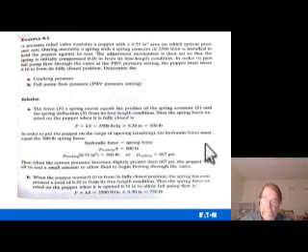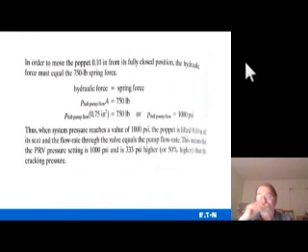Then there's the method of figuring it out. I'm not going to go over it, but essentially that's in your book too. Let me see, hold on. Yeah, it's on page 277.